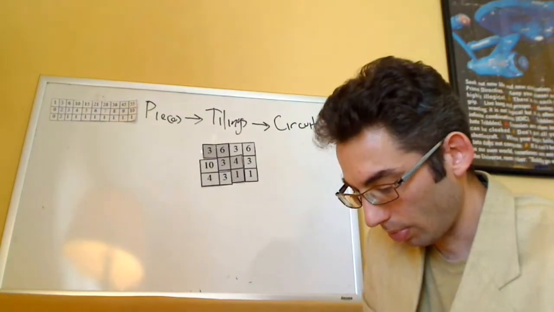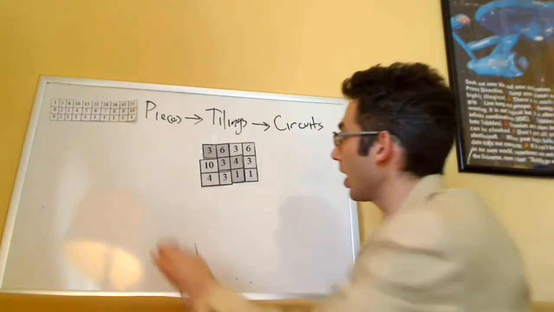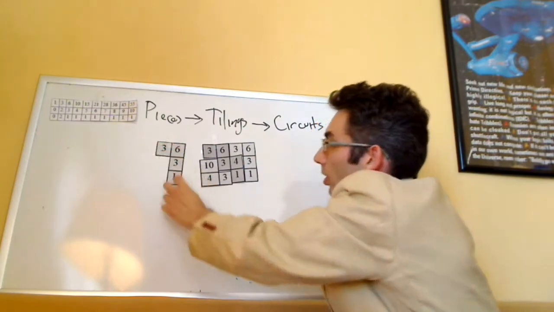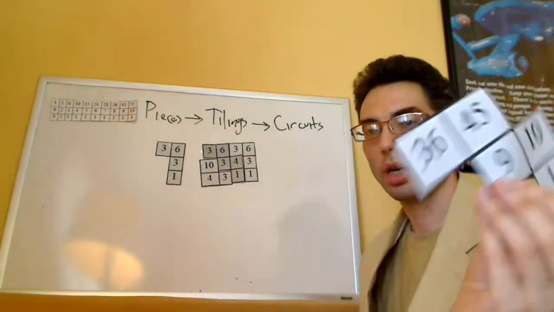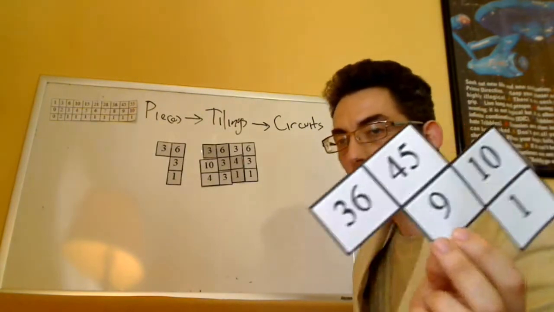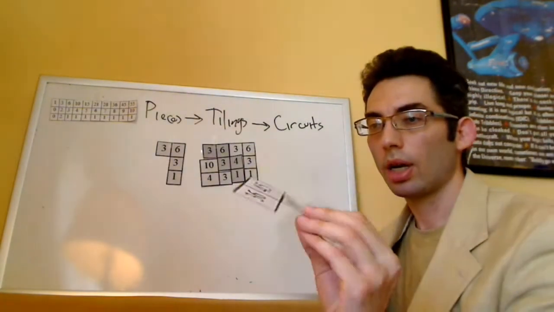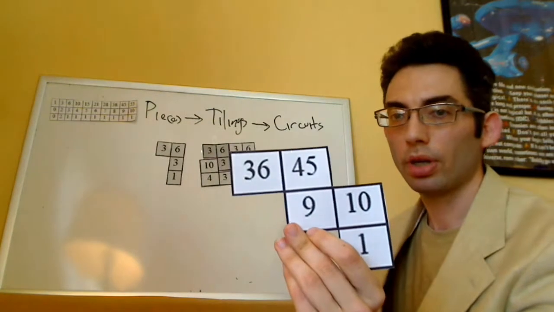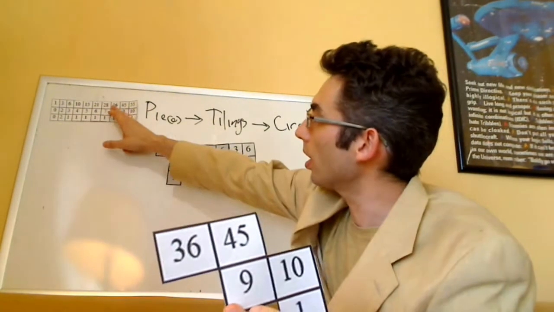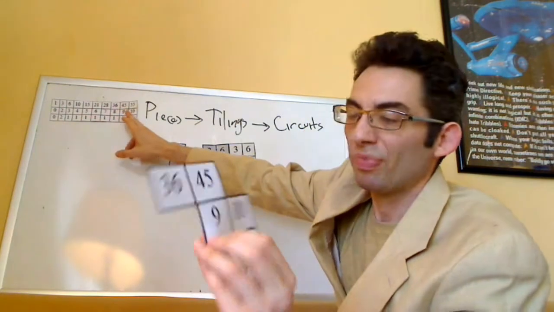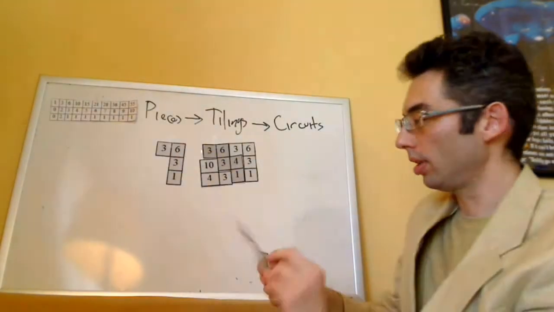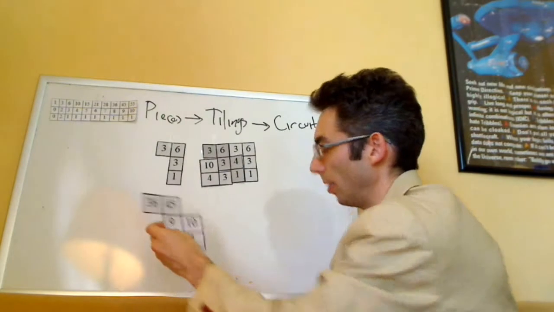This guy is from the triangular block 2. This is 13 again. This is a W piece, another W piece from the triangular block. This guy is kind of a big number, but it's over here. It's built from 36 and 45, 9, 10, and 1. It's there.